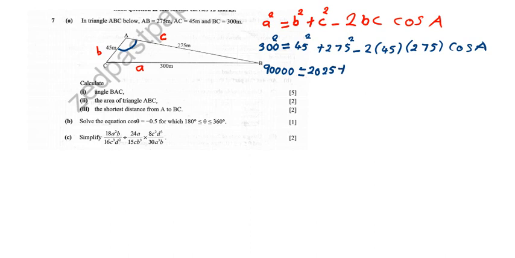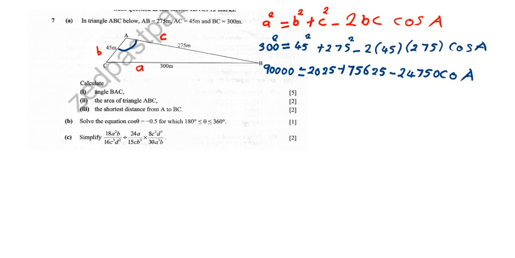When we do 275 squared, we are getting 75,625 minus. So we multiply 2 times 75 times 275. When we multiply, we are getting 41,250. And the cos A. So that's our cos A.